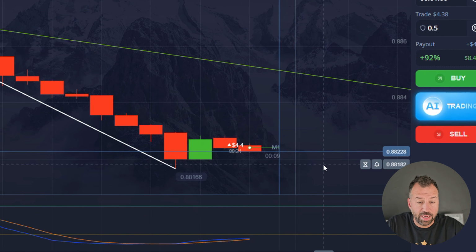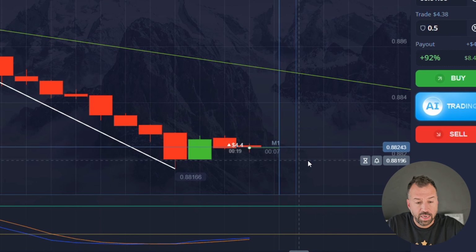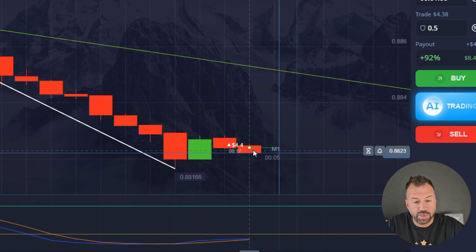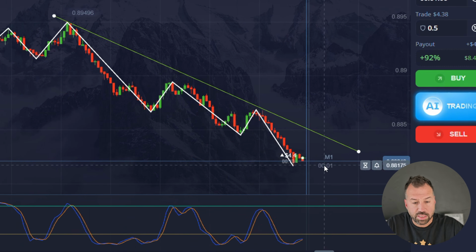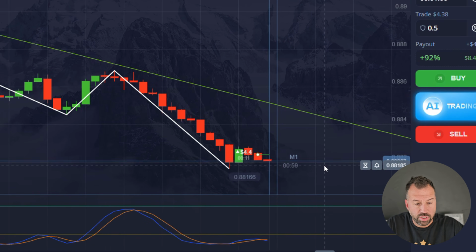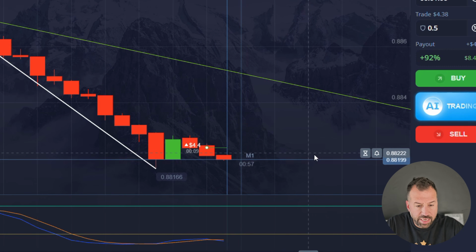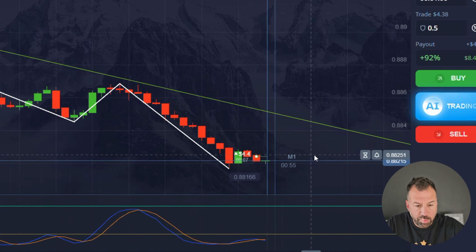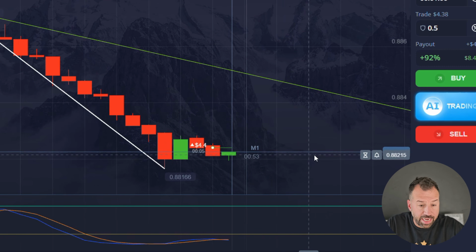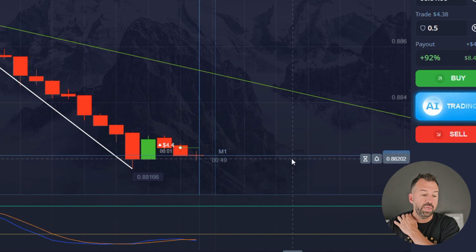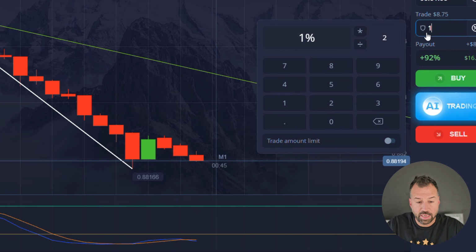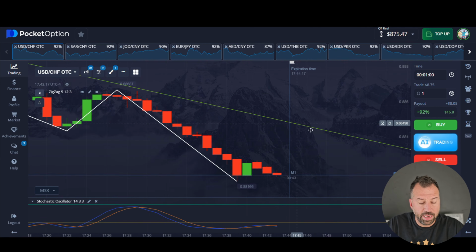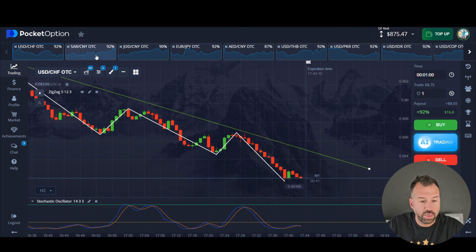And it looks like that is potentially going to happen here, unless it's gobbling up some bearish, and then it's going to spin back around and move back up, which doesn't look like it's going to, which is fine. It is going to continue to push back down, or we were just early getting into it, which is possible as well. But there we go. So we missed out on that one. We're going to make that a 1%, and then we're going to go ahead and locate another chart.